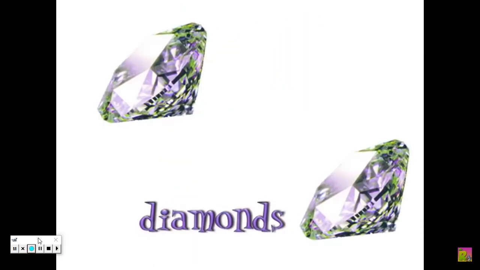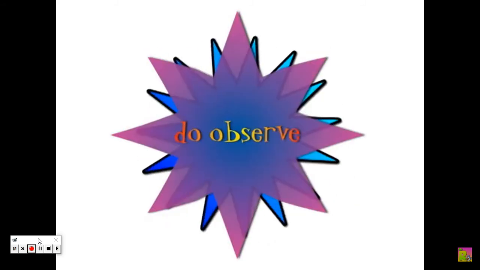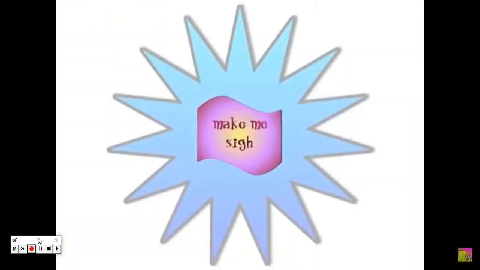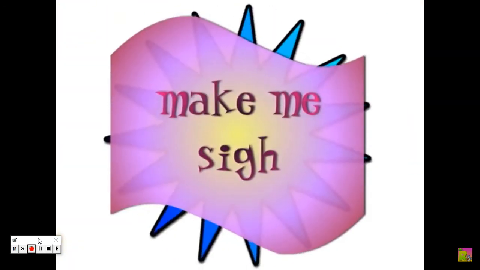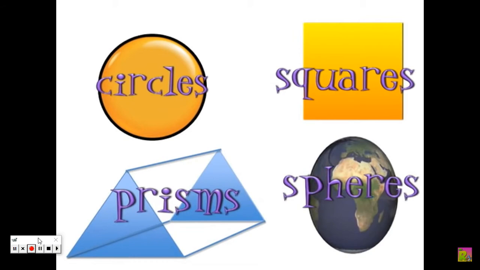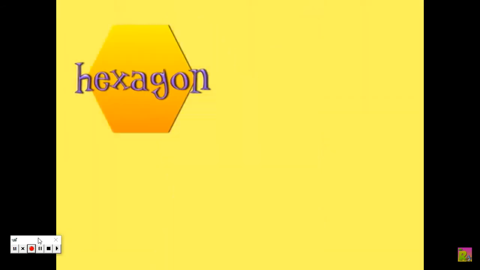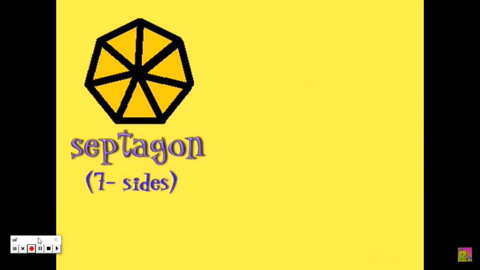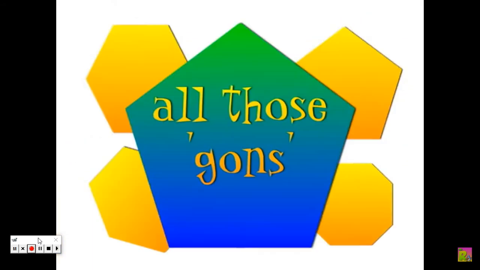Angles, curves, diamond swirls. Shapes I often have to observe. Make me dizzy, make me sigh. Geometry's one busy guide. Circles, squares, prisms, spheres, shapes that look like rabbit's ears. Hexagon gives us pentagon shapes. Polygons, octagons, septagons, nonagons, geometry.